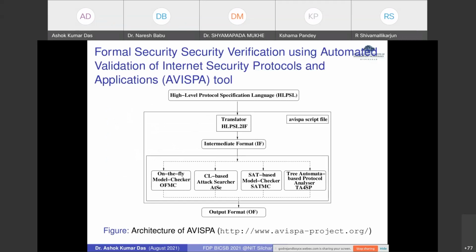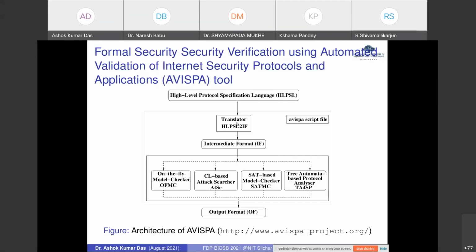So we have implemented our access control scheme with the help of a high-level protocol specification language, which is a role-oriented language, and that language is translated to an intermediate format, a low-level language, using a translator.